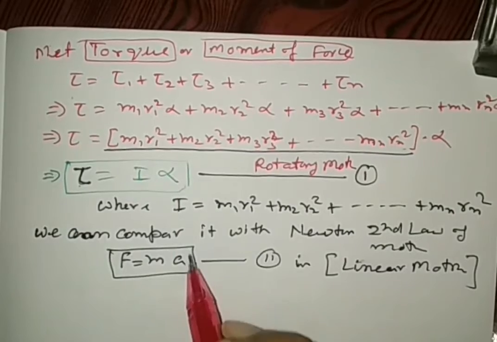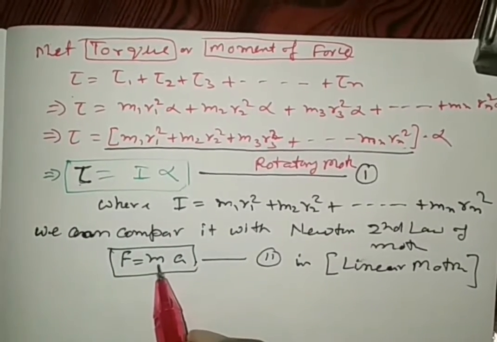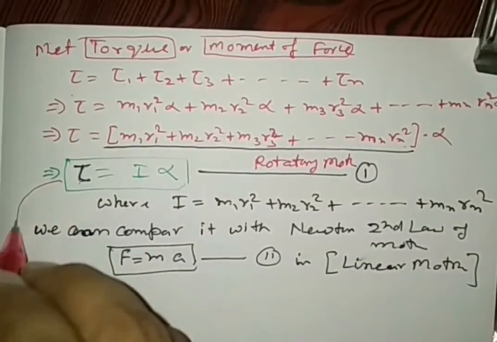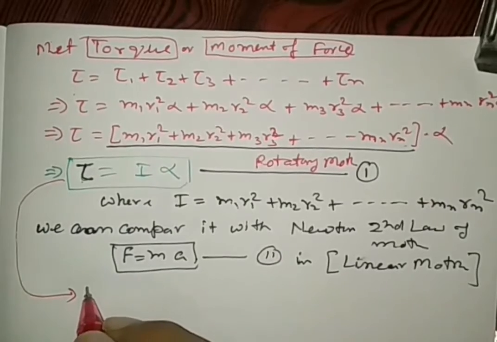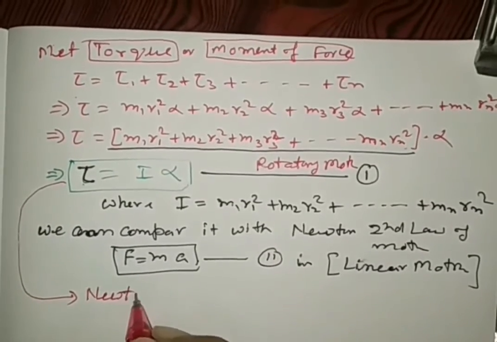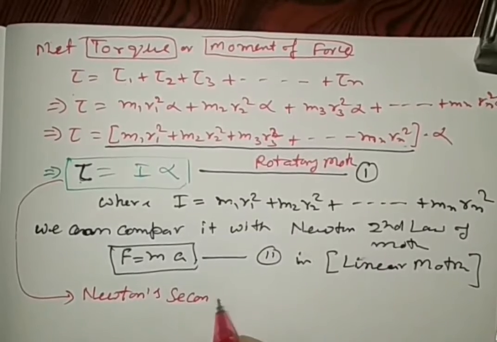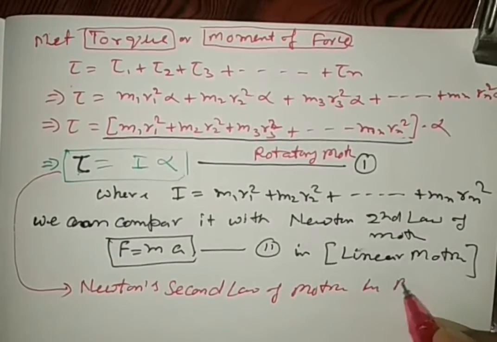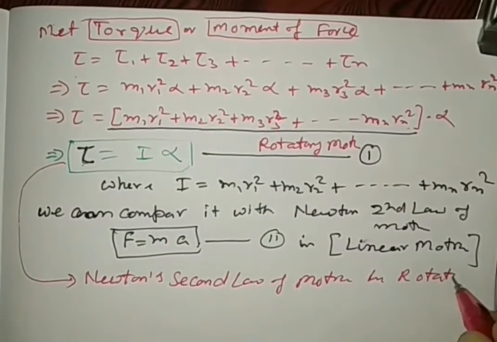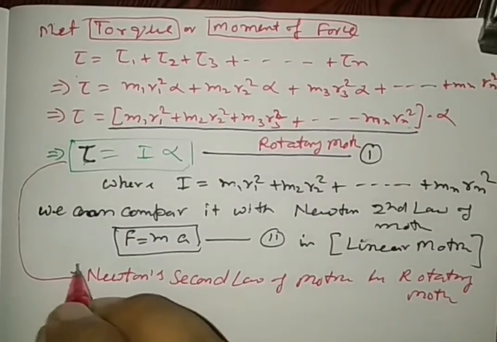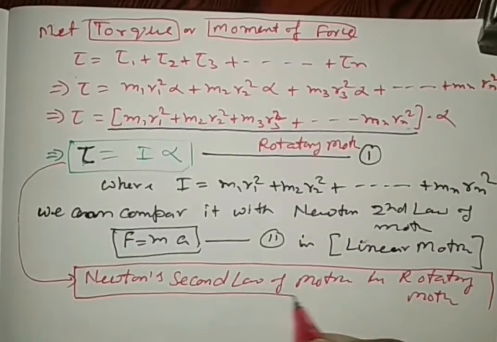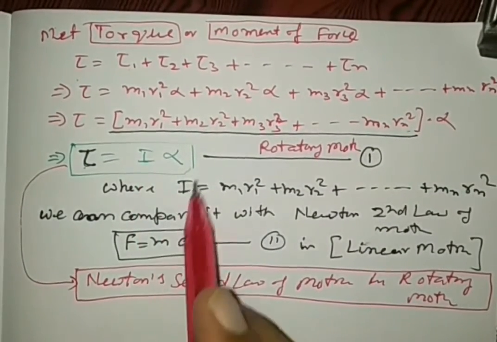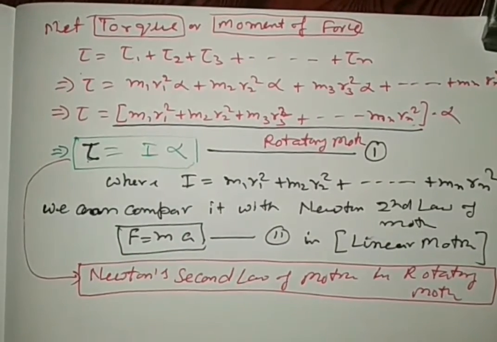Here is linear acceleration, here is angular acceleration; here is mass, that is inertia in linear motion, and here is the moment of inertia. So this equation is also called Newton's second law of motion in rotatory motion. Our tau is like force, moment of inertia I is like mass, and angular acceleration is like linear acceleration.